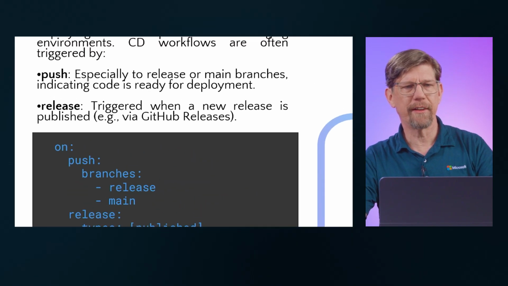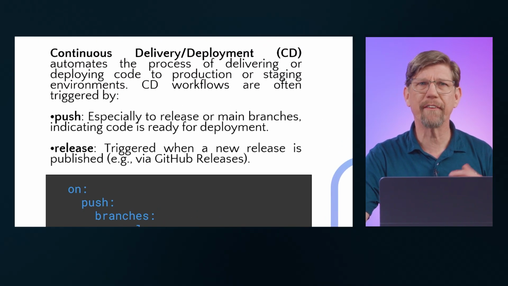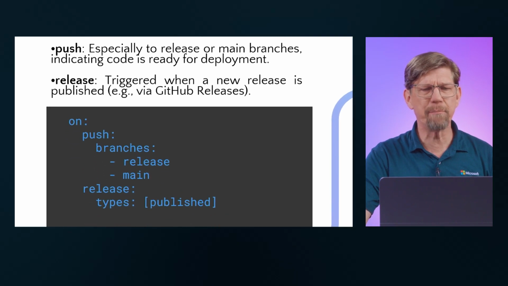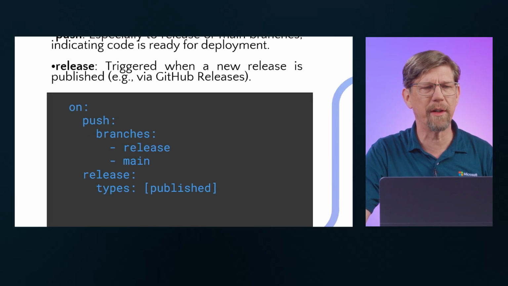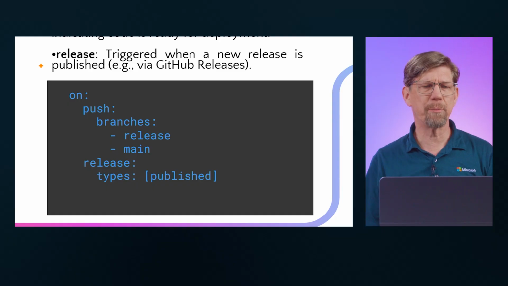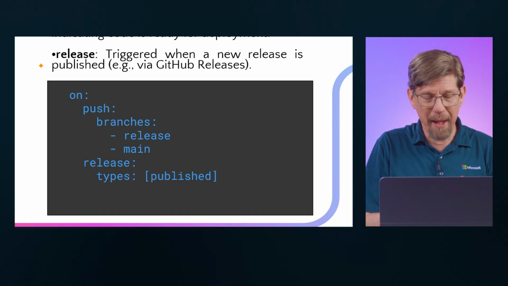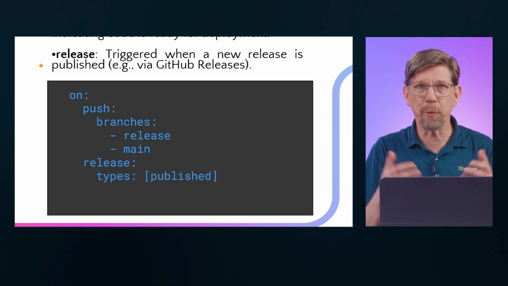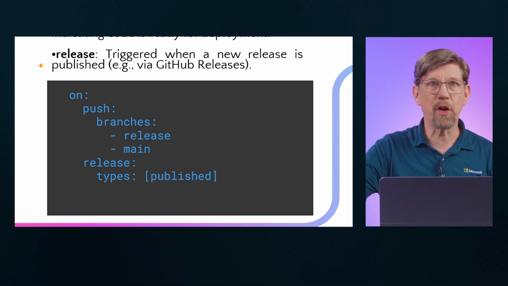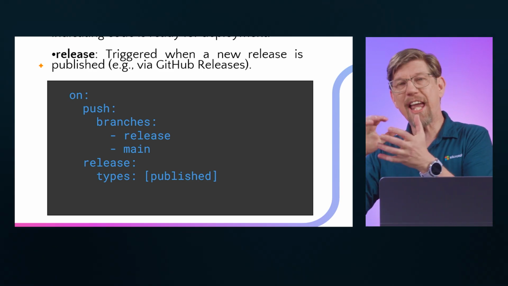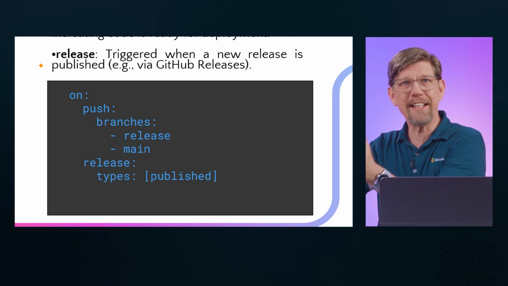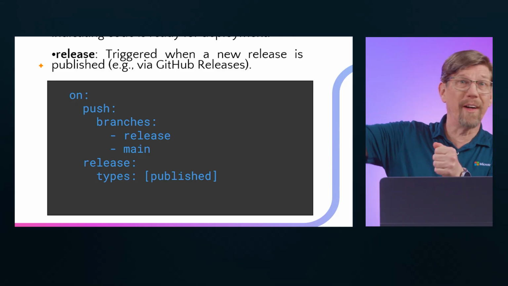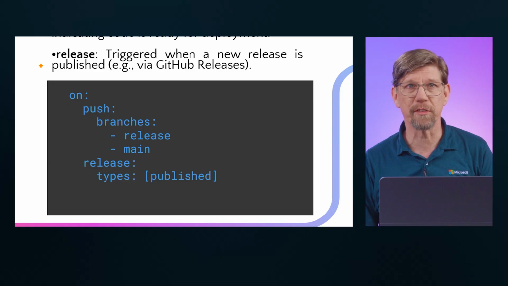On the continuous delivery, on the continuous deployment side of things. Again, push, nothing really new on that one. But here we have an opportunity for like a release. GitHub has this concept known as releases, where someone can go make an official release. And maybe in your world, when a release is created, you then need to deploy that to 4 or 5 different servers.